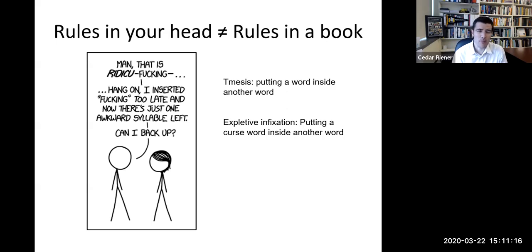So if I say abso-frickin-lutely, that sounds right. But ab-frickin-solutely does not sound right, and absolute-frickin-ly also does not sound right. Why is it that within a word, there's a certain spot where it belongs? No one's ever told you that, but you've got a rule in your head about where words belong when you put them in other words.